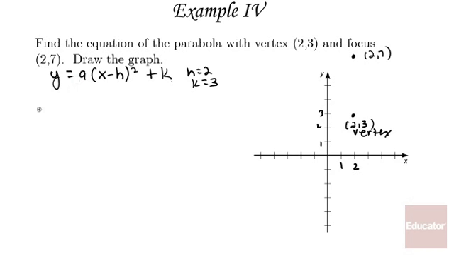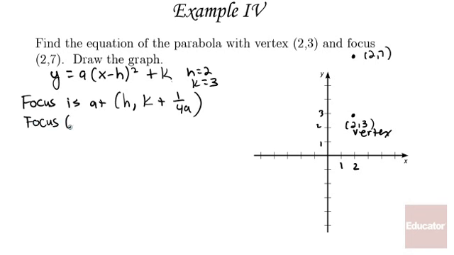For a vertical parabola, the focus is at h, so the x-coordinate is h, and the y-coordinate is k plus 1 over 4a. And I know the focus is at (2, 7). So 2 equals h, and 7 equals k plus 1 over 4a, according to this definition.